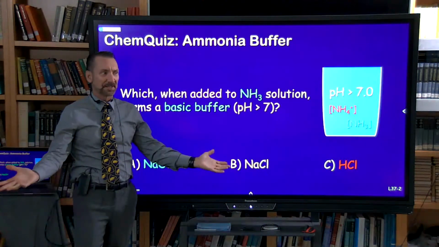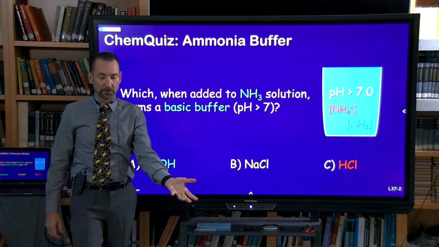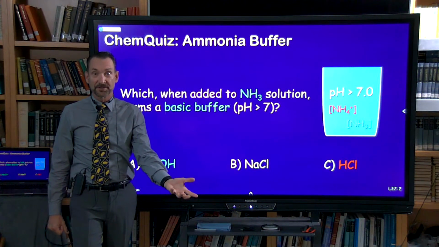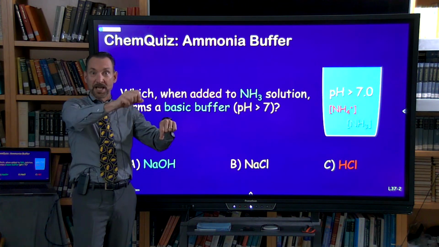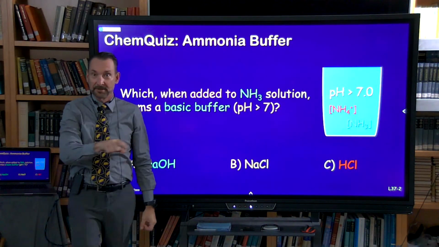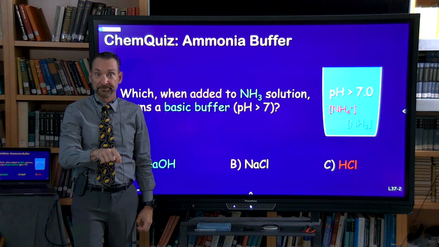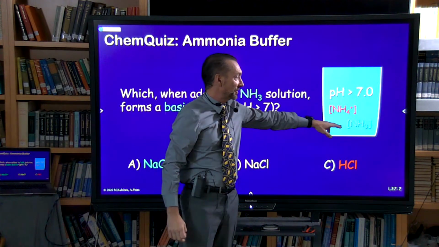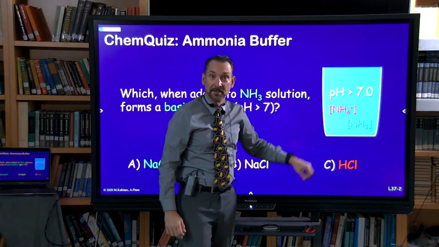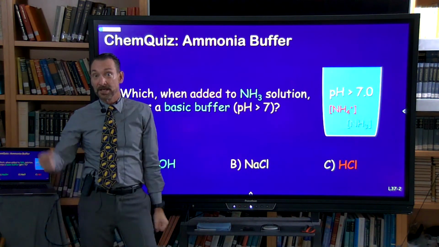And you literally make these things. If you want the buffer, you put the acid or the base, whichever one you want, in solution, measure the pH, and then you titrate, you add acid or base till you get to that pH. So you don't try to do a lot of measuring to get the equal concentration of this and this. You put one of them in and you titrate it.